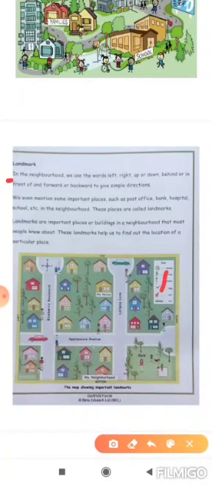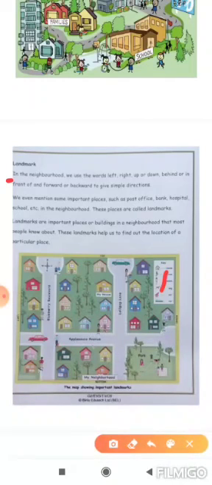Sometimes we write address on any form, or we give address to our friend or any other person who we want to come visit our house. We give them address. For example, if I give you my address, I live at Namlabal Pampur near Government Girls Higher Secondary School.